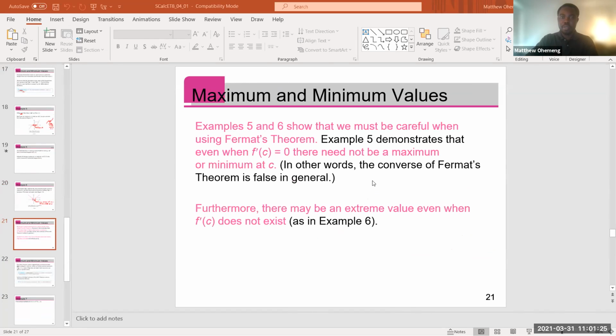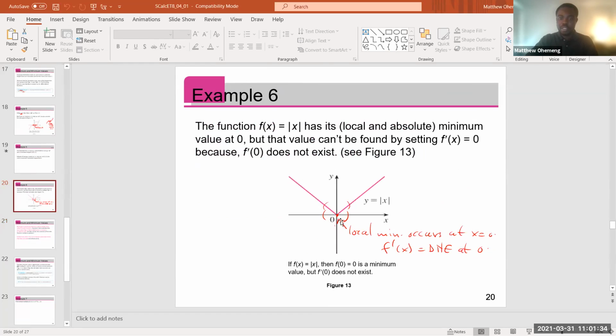So we saw an example here, right? From Fermat's theorem, we realized that the local extreme values could occur at these 2 points. For example, for this point, you see that f prime of 0 is DNE. It does not exist, or the function is not differentiable at 0. We saw this way back in chapter 2.